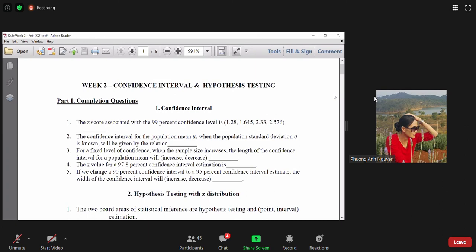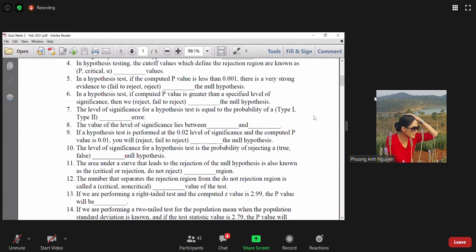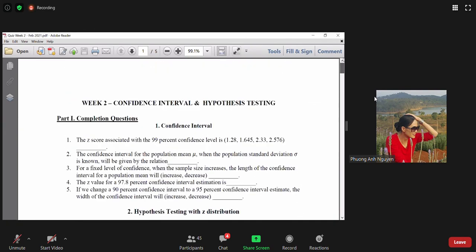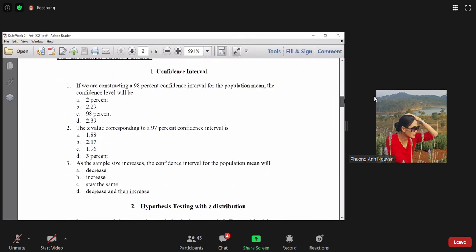For some of them, I think that we can answer together, for example, confidence interval. Some are very quick to answer, and some others take more time.